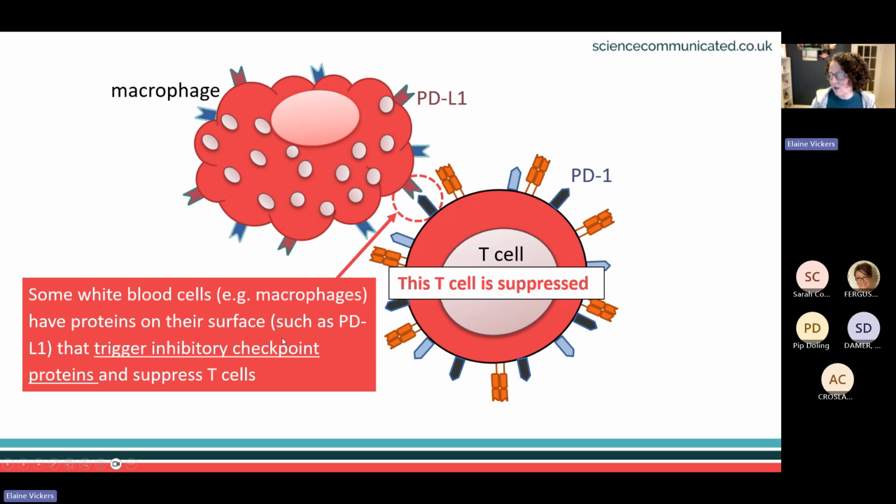So this T cell, I've given you an example, one of the inhibitory checkpoint proteins it has on its surface is PD-1, and cells in its close vicinity start putting PD-L1 on their surface in readiness for when that T cell's job is done, at which point this other cell comes in, it uses that PD-L1 to connect with PD-1 and it shuts the T cell down and it tells the T cell maybe to die.